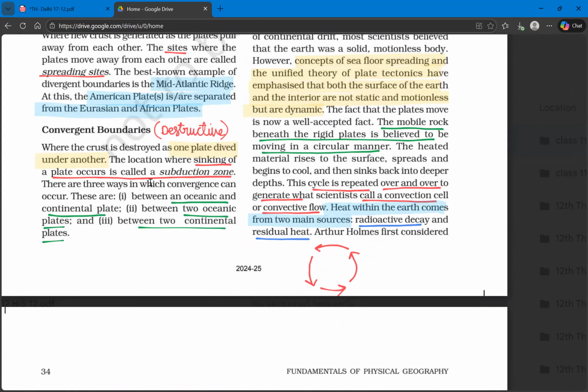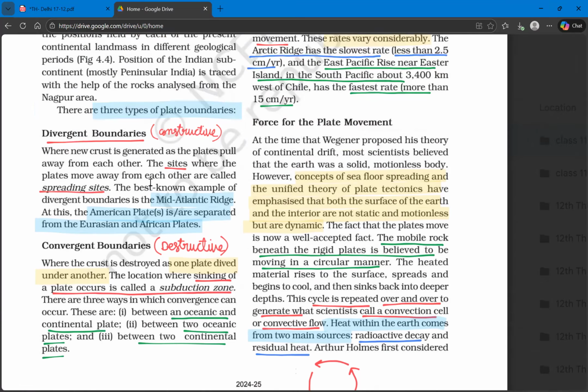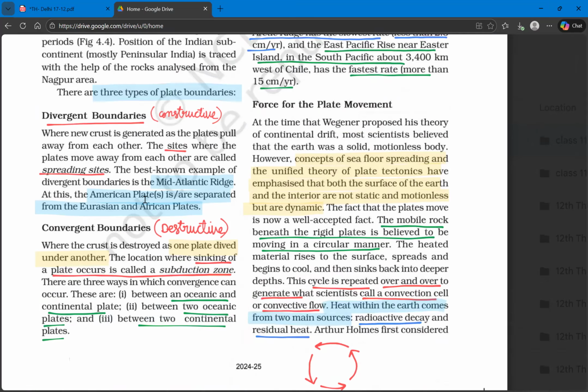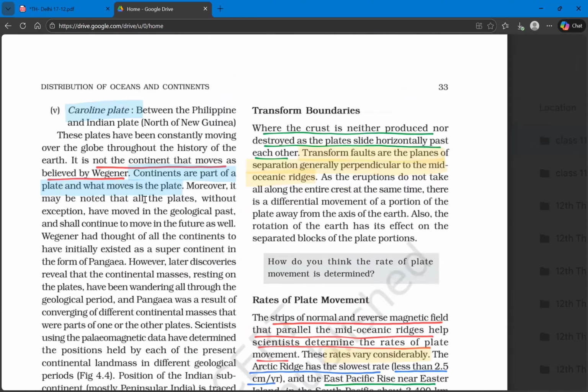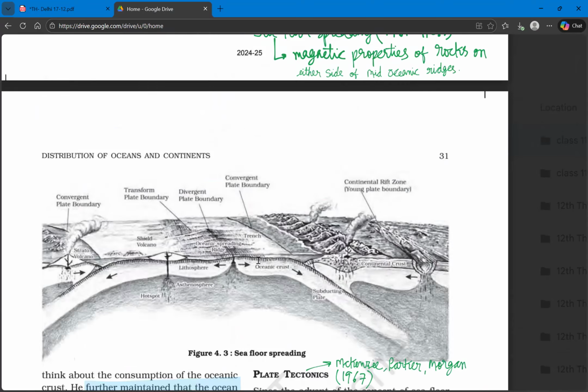And the next one is convergent boundary. Convergent boundary is also called a destructive boundary because the crust is destroyed as one plate dived under other. The location where sinking of a plate occurs is called a subduction zone. If you see here, the oceanic crust is getting subducted under the continental crust.